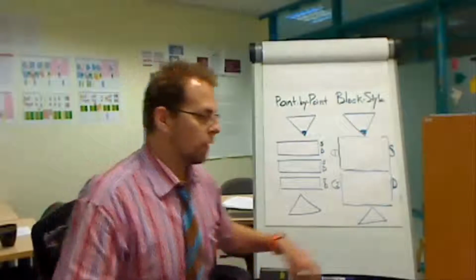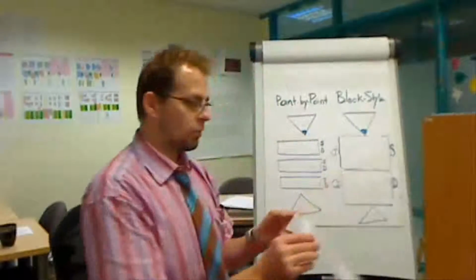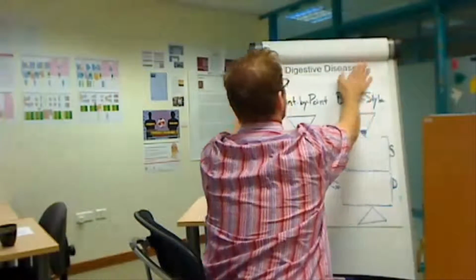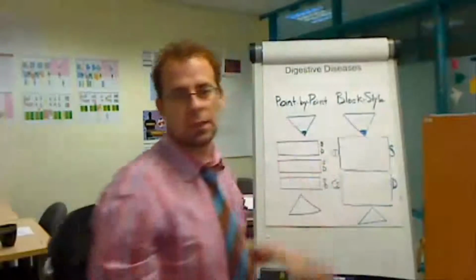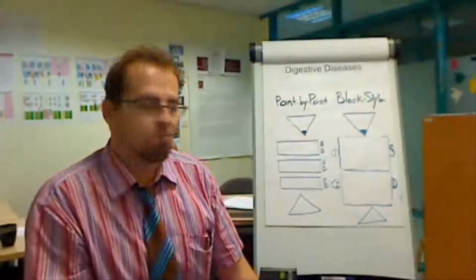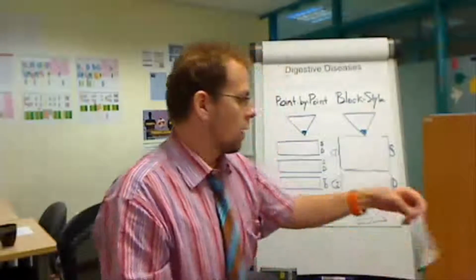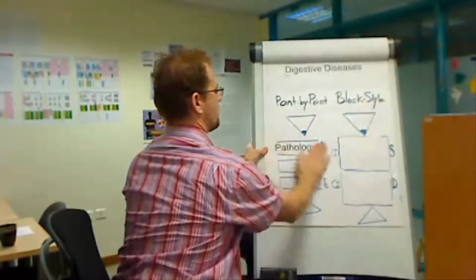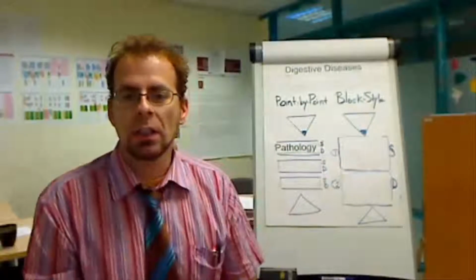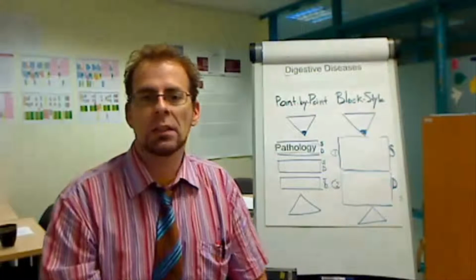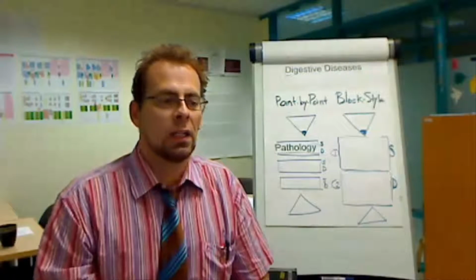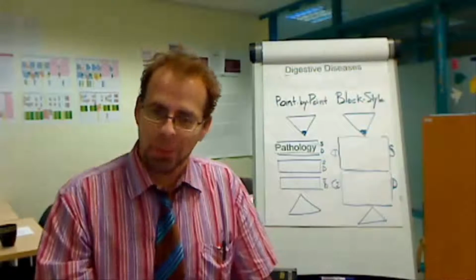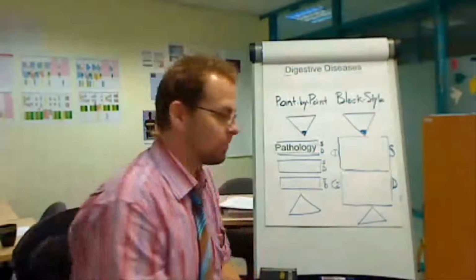In a point-by-point essay, if we take, for example, the topic digestive diseases, we might first decide that we're going to talk about the pathology. So what are the characteristics of the disease, and how is it bad for people, this disease, the pathology.